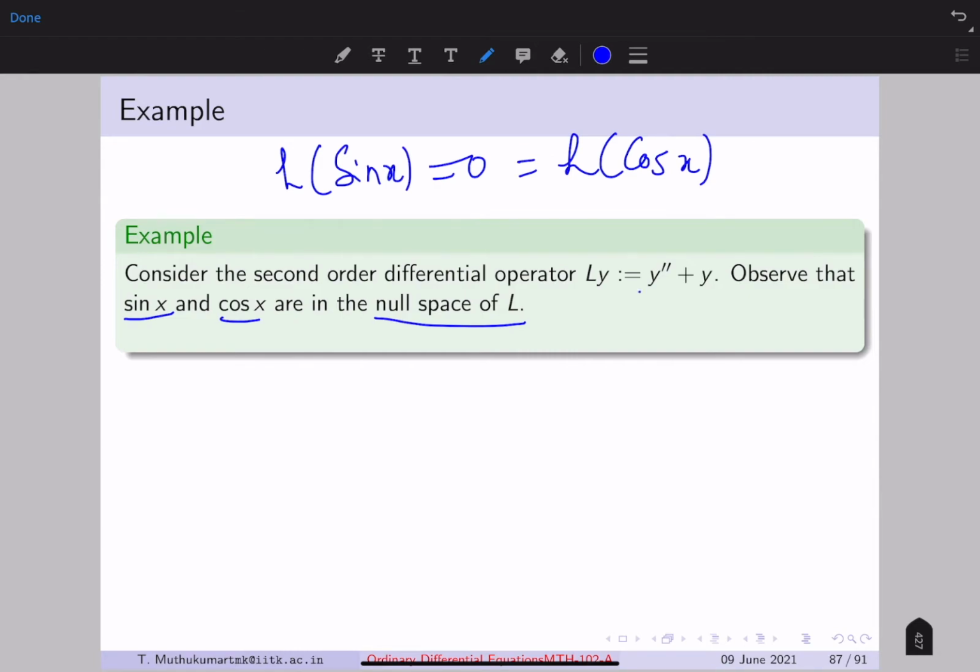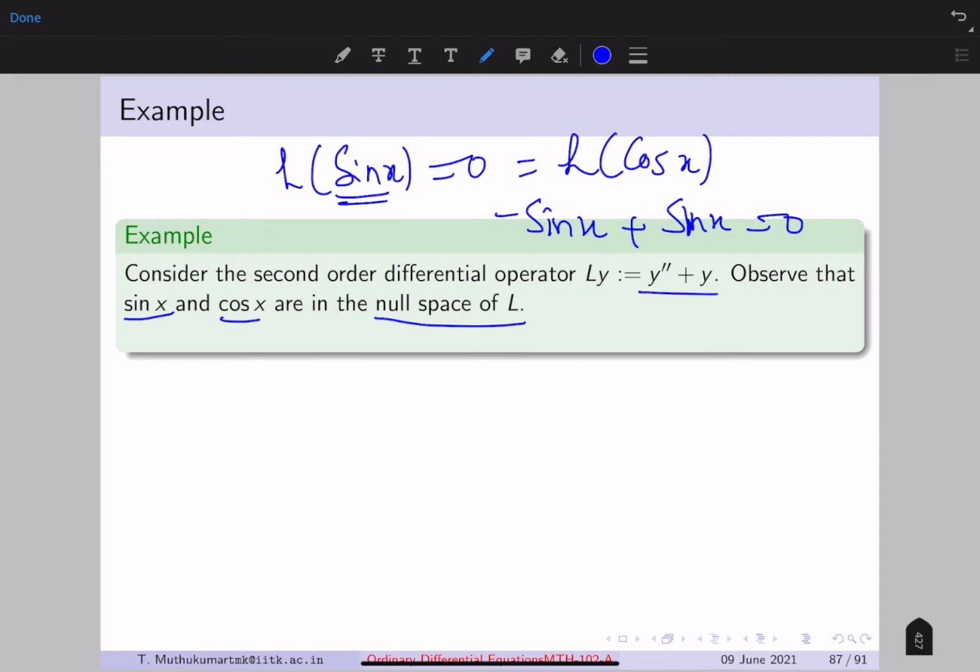For this L, right? Because if you take sin x, then the second derivative of sin is cos, and the derivative of cos is minus sin, so minus sin plus y, which is sin itself, is 0. Same thing with cos: the derivative is minus sin, and then minus cos, so minus cos plus cos will be 0.